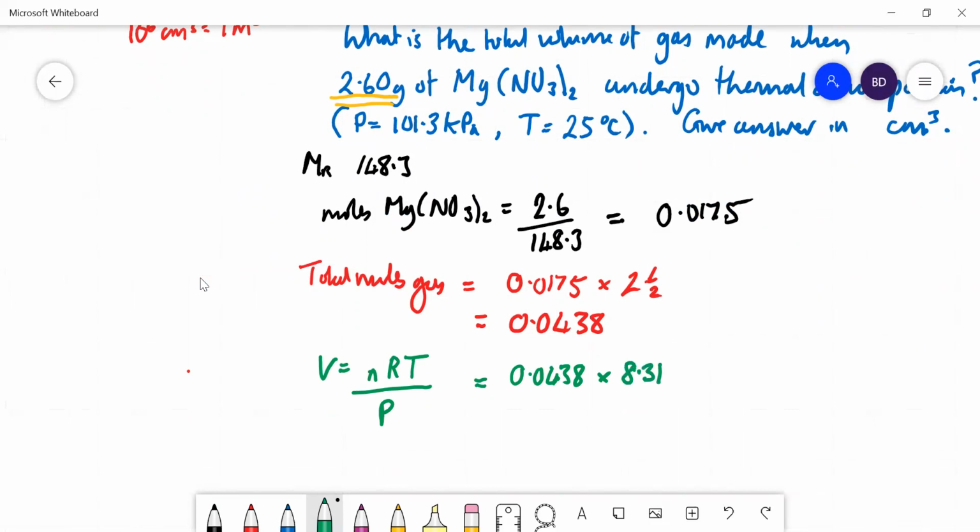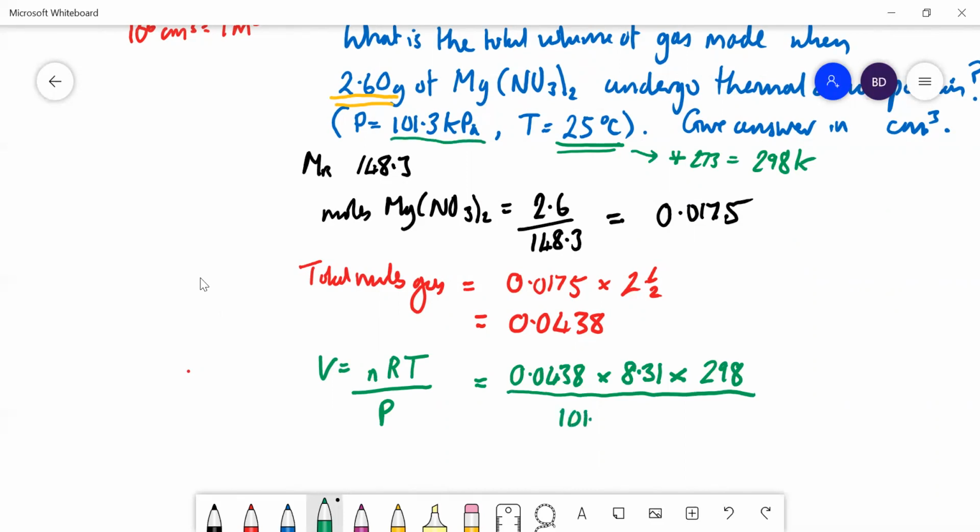Now, our temperature is 25 degrees C. Need to convert that into Kelvin, so add 273, which is 298 Kelvin. So that's 298. And the pressure is 101.3 kilopascals. We need to convert that to pascals, so it's 101.3 times 10 to the 3.